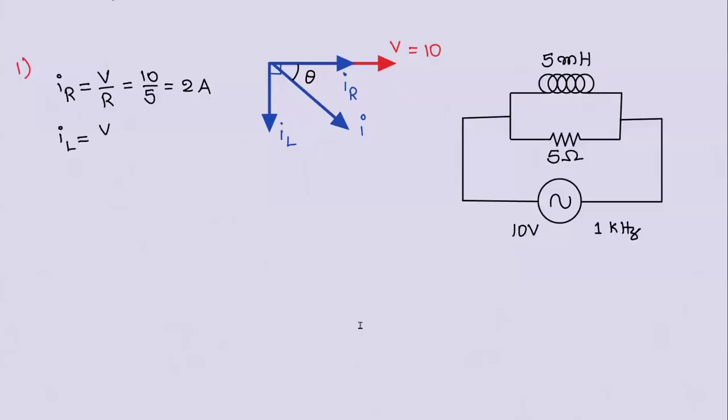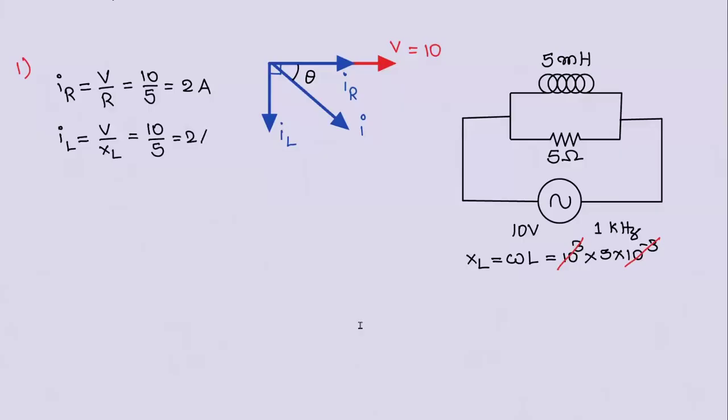IL is equal to V by XL or omega L, whatever it is. Let us calculate XL. XL formula is omega L. Omega is 10 power 3, 1 kilohertz, right? Into 5 into 10 power minus 3 Henry. Kilo and milli get cancelled. XL is equal to 5.